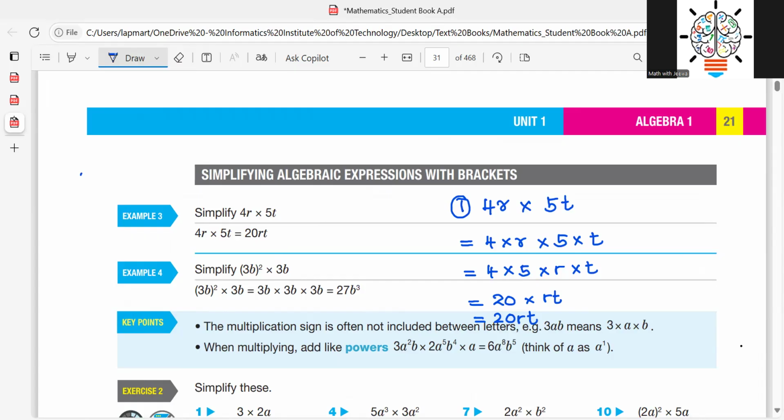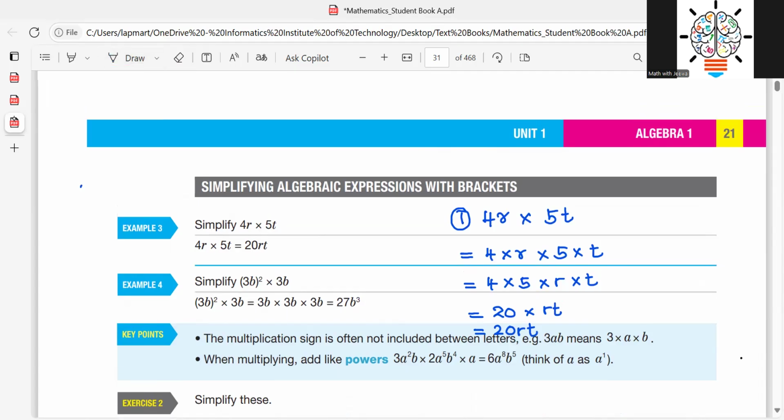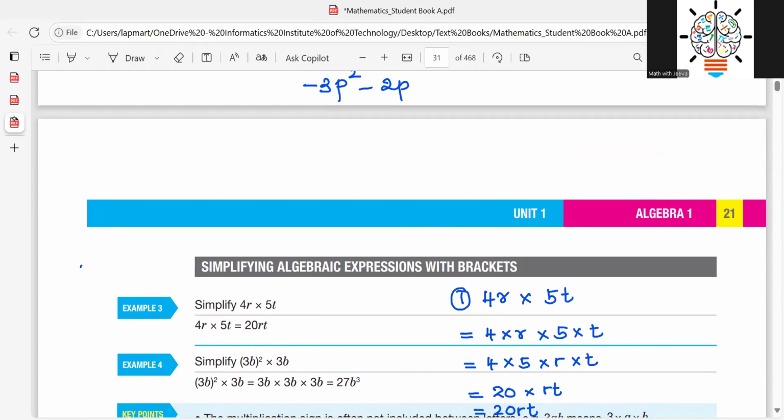Then I'm going to explain the next example under this topic, simplifying algebraic expressions with brackets. Second example, let's say you have 3b, the whole thing to the power 2. What does this mean, children? 3b squared. You want to write 3b in brackets 2 times. That's the meaning of that index.